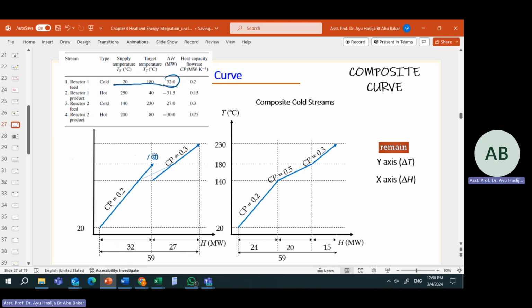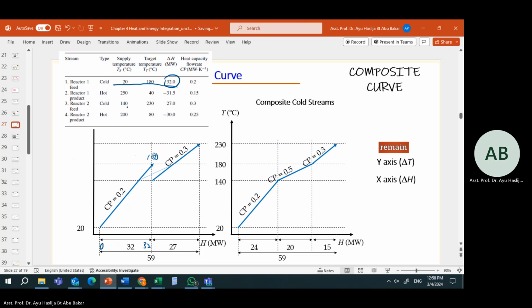Delta H. Delta H is the x-axis distance. So that's why it is from 0 to 32 for C1. Now C2 is plotted at the end after C1.